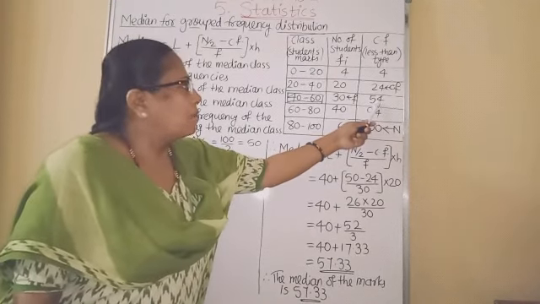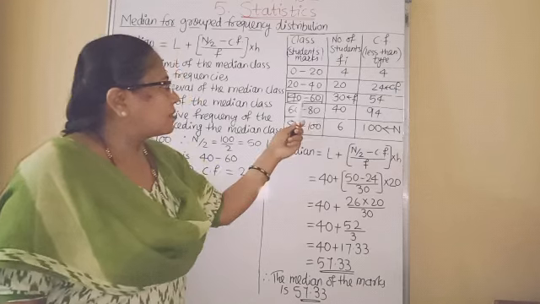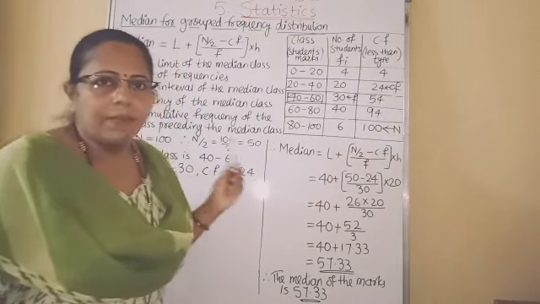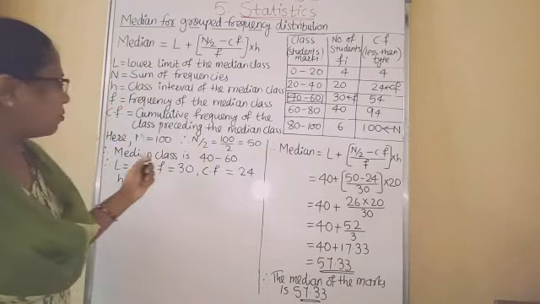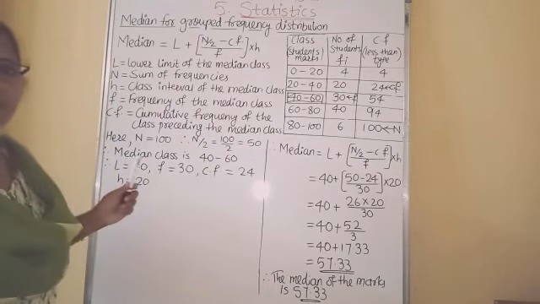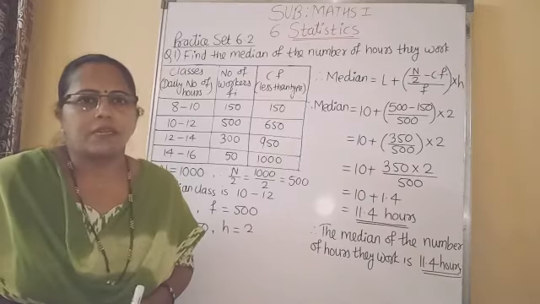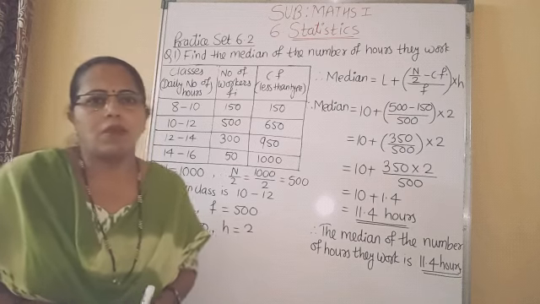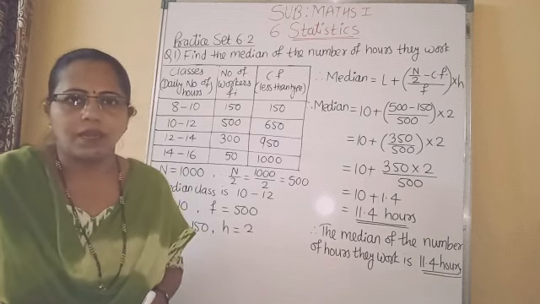Find out the class of that value, and that class is the median class. From that you will get all the rest of the values.